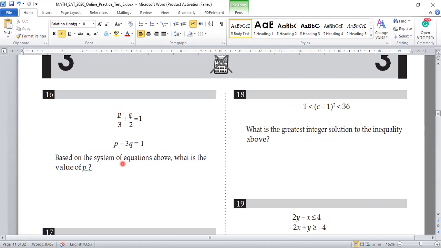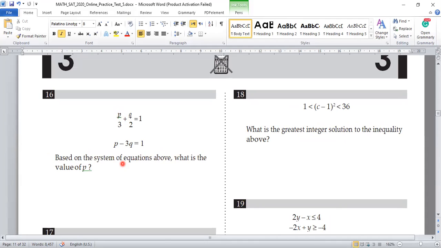Once again, an inequality is given: c minus 1 whole square lies between 1 and 36. What is the greatest integer solution to the inequality above? So we are looking for the value of c.